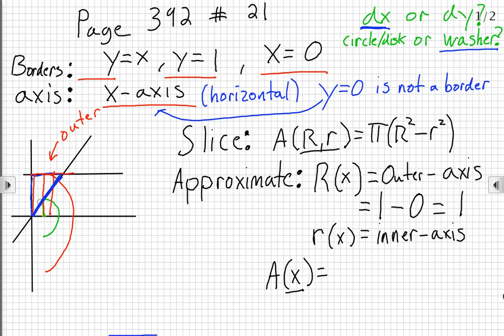So this horizontal line is close to our axis, so it's inner. I'm sorry, this linear equation is close to our axis, so it's inner. This horizontal equation is farther from the axis, so it gets that label of outer.